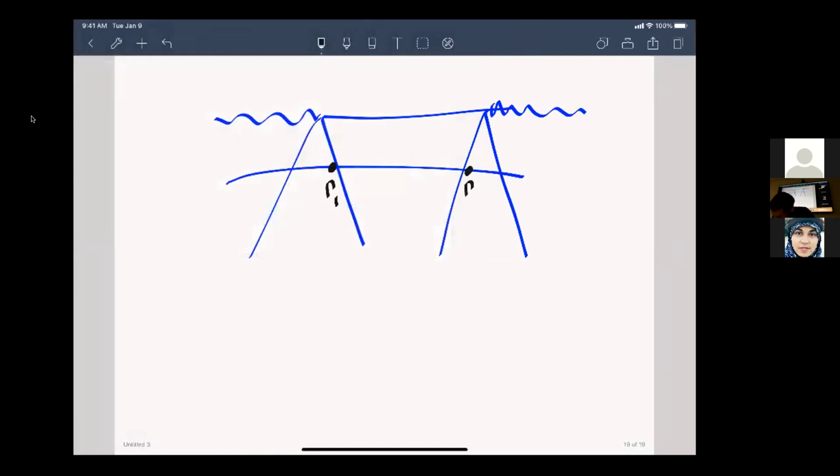Then this region going all the way would be E21, and this region going all the way would be E11 hat. Then you can say this is your sigma, right?